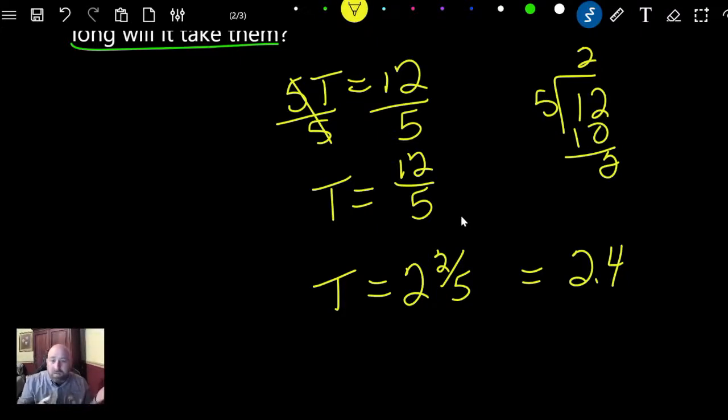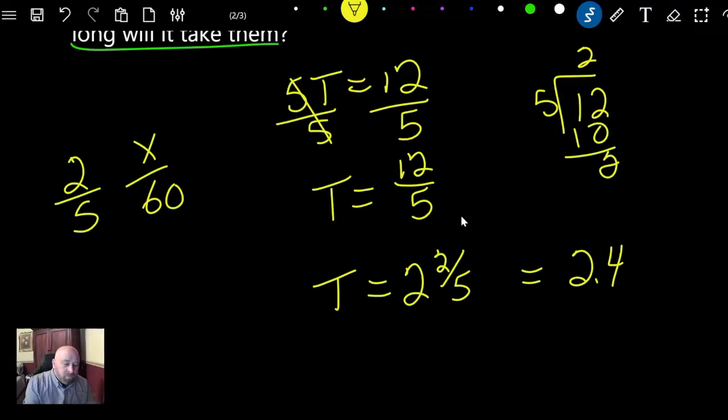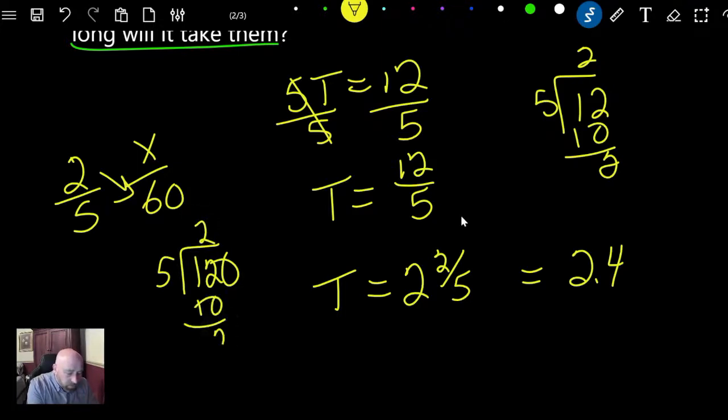But 2 hours and 0.4 of an hour, what is 0.4 of an hour? One way that you could do that is 2 over 5 equals x over 60. So to do that, you would just multiply here. You get 120 divided by 5, and that gives you 24 minutes.